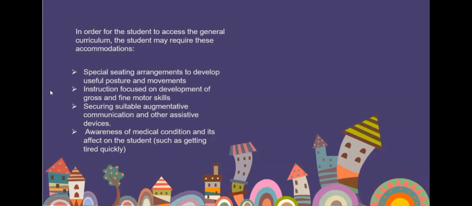Second is instruction focused on development of gross and fine motor skills. Third is securing suitable augmentative communication and other assistive devices. And last is awareness of medical condition and its effect on the student, such as getting tired quickly.